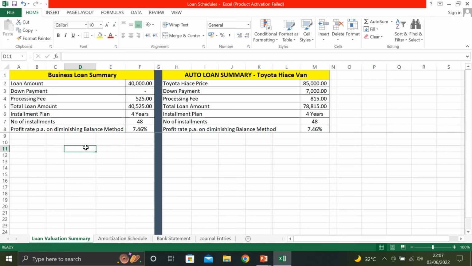A question may arise in your mind: if the bank is providing us all of these details, then why do we need to prepare this summary? First, if the bank is giving us this information, it will be in paper format. And secondly, it will not be on a single page.